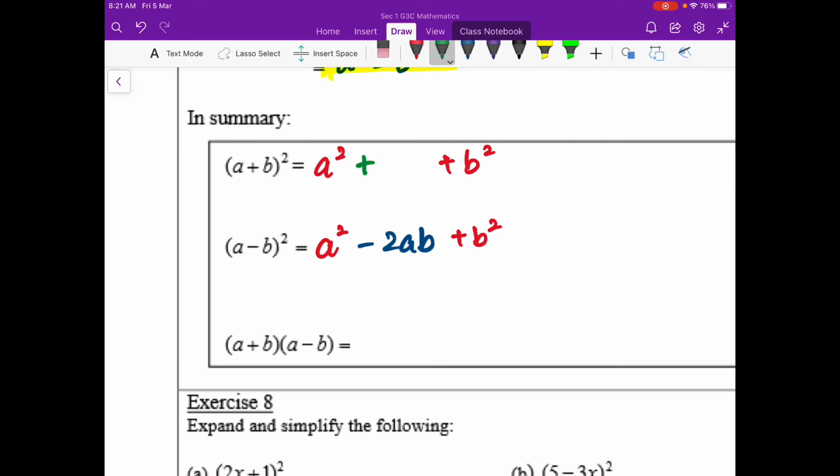This is a positive 2AB, whereas this is a negative. Okay, see the difference and see the similarities. And then for the last one, we have totally different. Okay, at least the A square is the same. Then the last one is totally different, minus B square. Memorize.